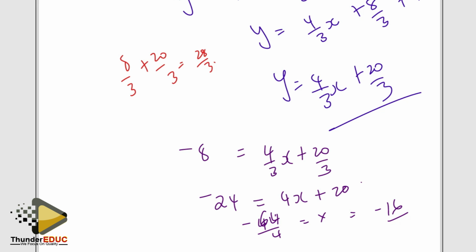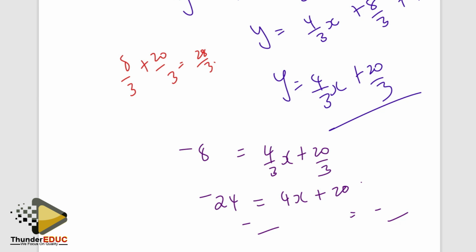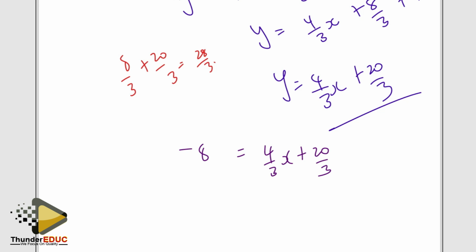How is it negative 16? Let me just repeat the process. We are multiplying by 3, which is negative 24, equal to 4x plus 20.